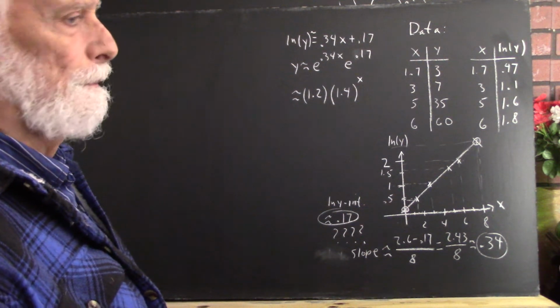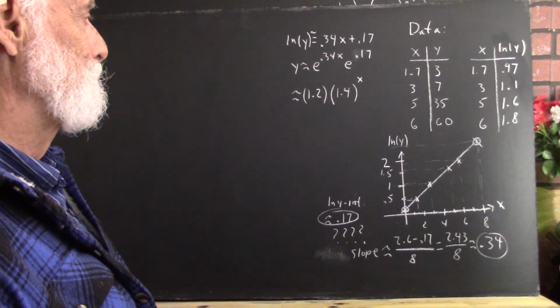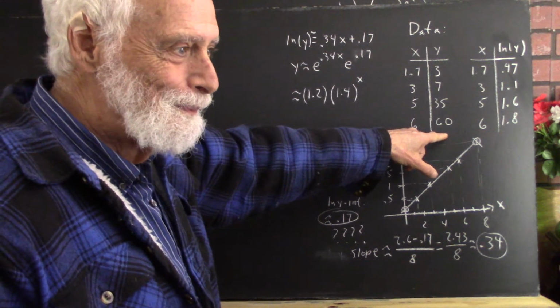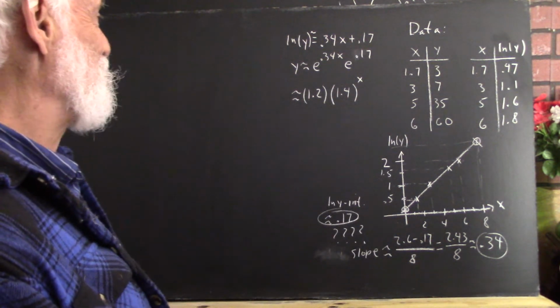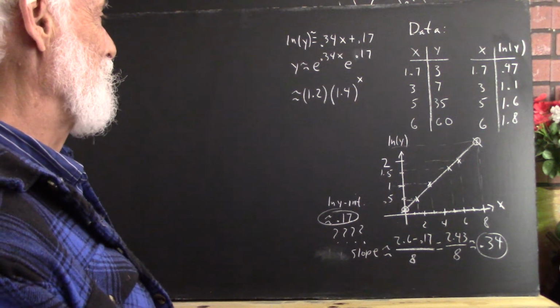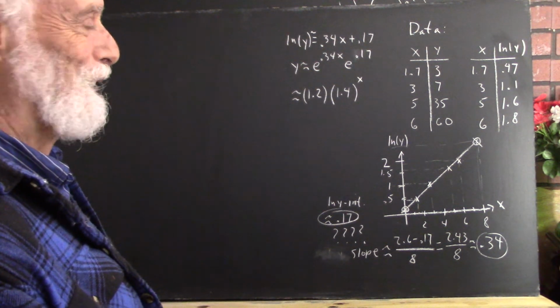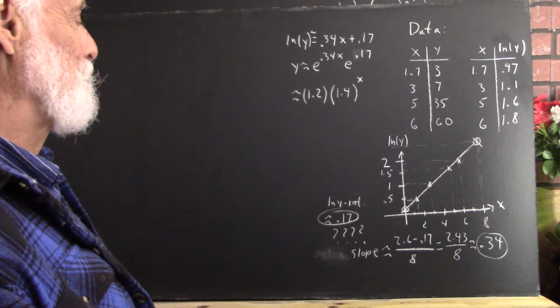Oh, I know what's wrong. I was taking the natural log of these numbers, not these numbers. Okay? So, yeah, that's pretty bad. Okay? So I did it all wrong.